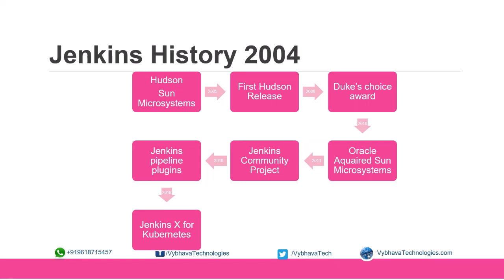At the same time Hudson also needed to go, but they had some conflicts, and they moved Jenkins aside. They were not interested in developing this under Oracle. The team working on Jenkins created their own open source community, created this project, and named it Jenkins in 2011.